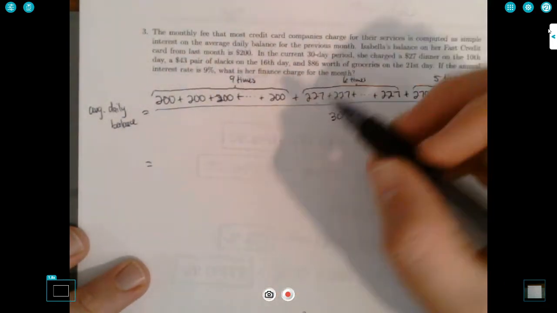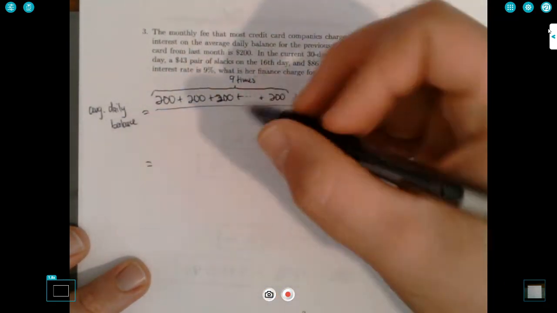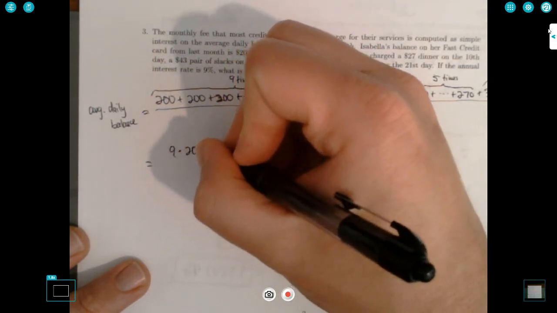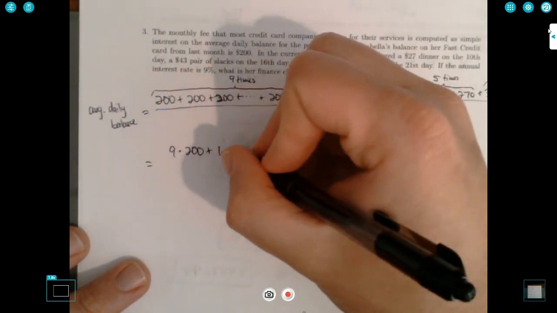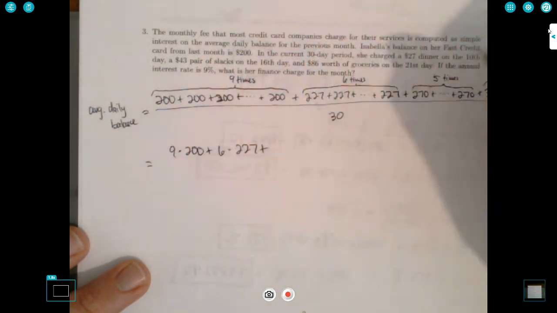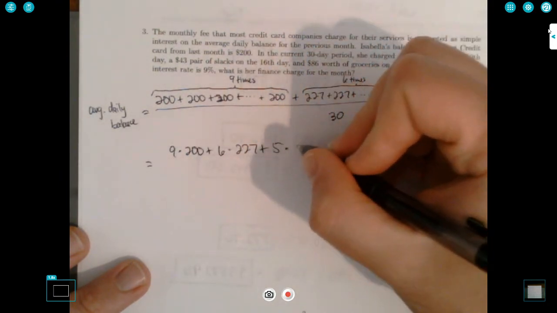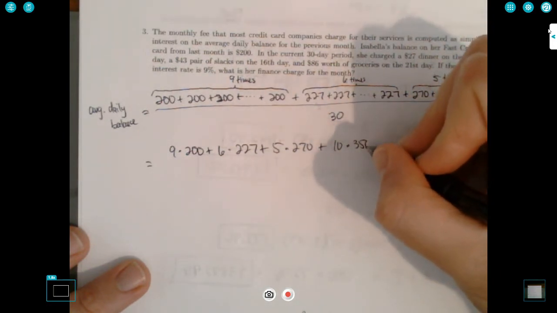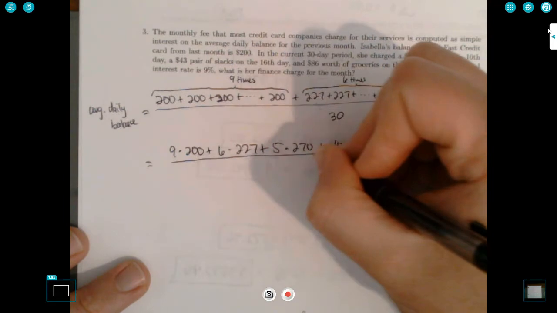Instead of saying 200 plus 200 9 times, you could just say 9 times 200. So 9 times 200 plus 6 times 227 plus 5 times 270 plus 10 times 356, divided by 30.